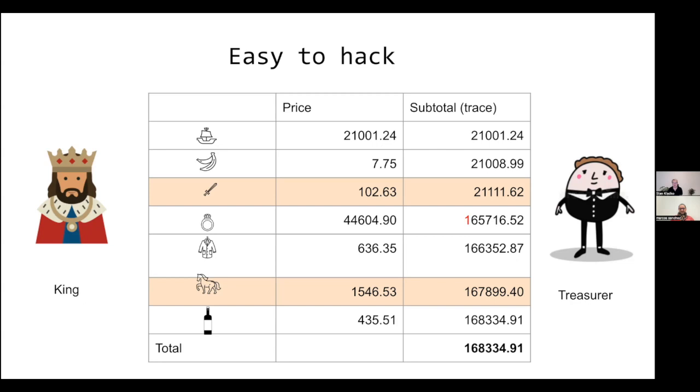In this particular example, the treasurer takes the ring and literally writes a single digit 1 in front of the price of the ring, which makes the final result like 3 times more. Essentially, by just writing 1 digit, the total changes 3 times.